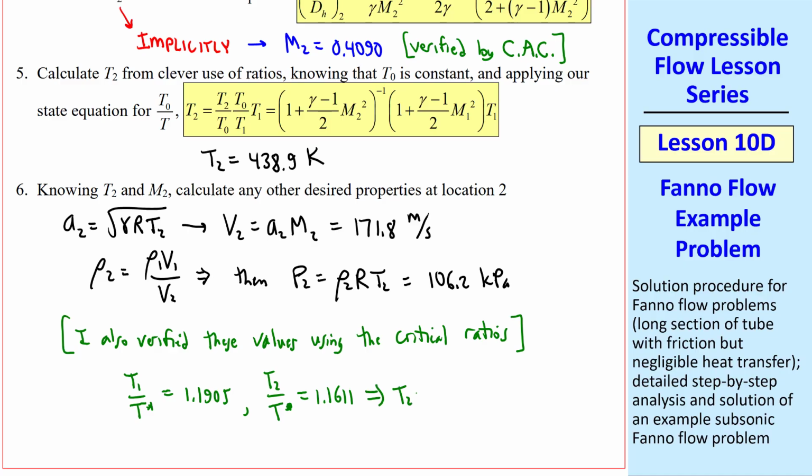And then T2 is T2 over T star over T1 over T star, times T1, and T1 being given, I get 438.9 K, which makes me happy because it agrees with the previous value that I calculated.